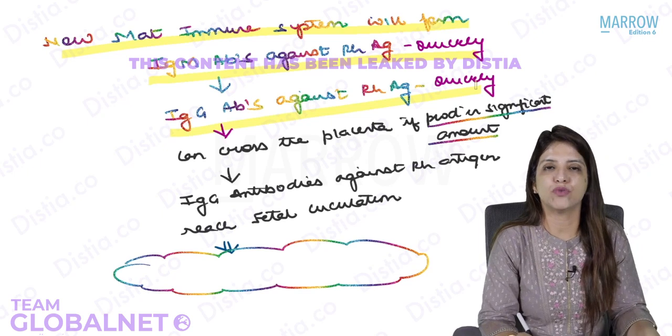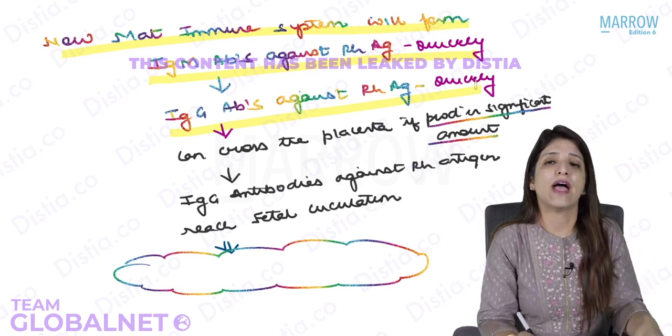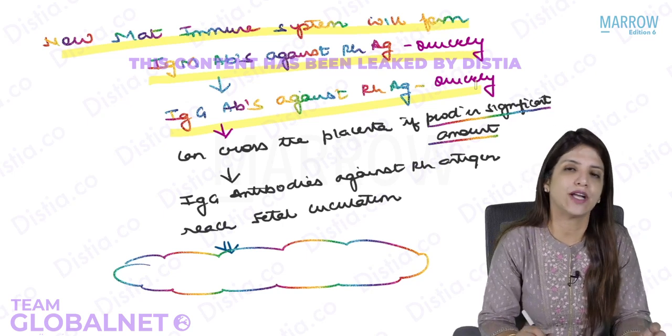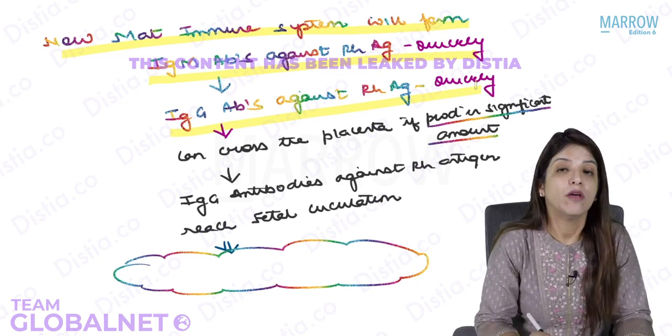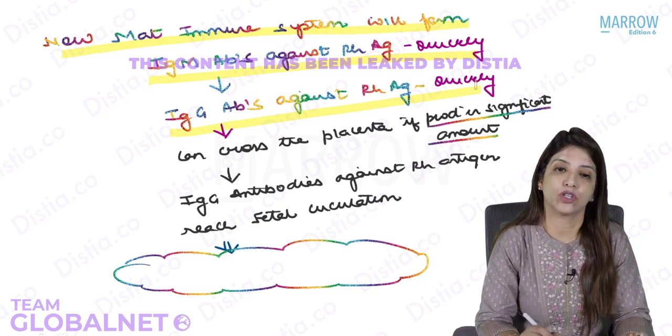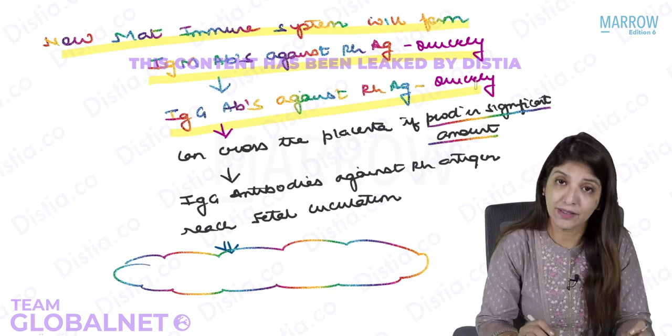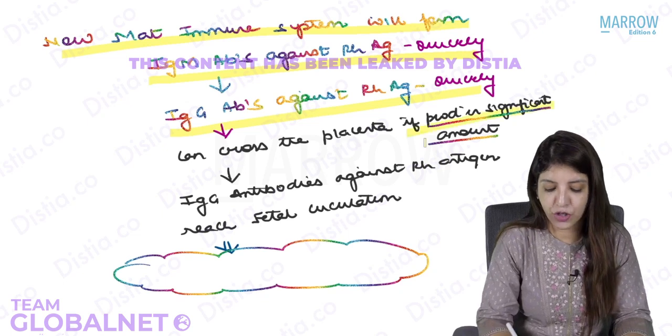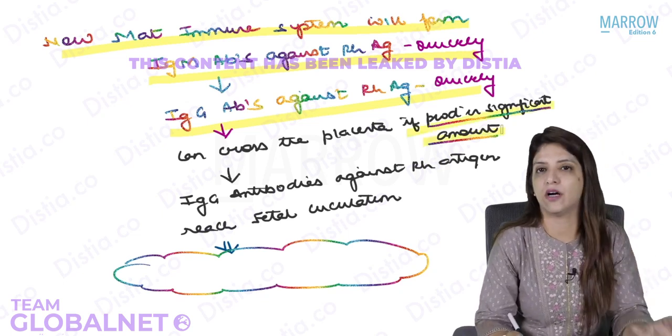So now the mother's immune system will work very fast and form IgM antibodies quickly, and quickly it will form IgG antibodies. Now comes the problem, because IgG antibodies can cross the placenta. Yes, they can cross the placenta if they are produced in significant amounts.